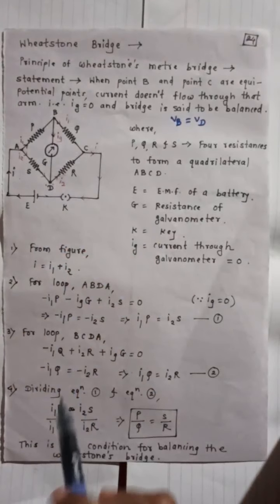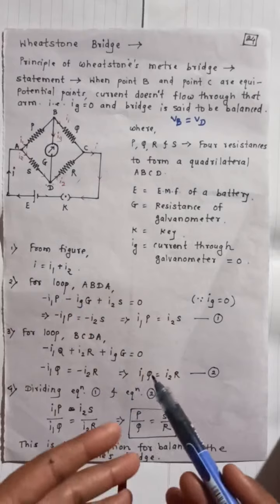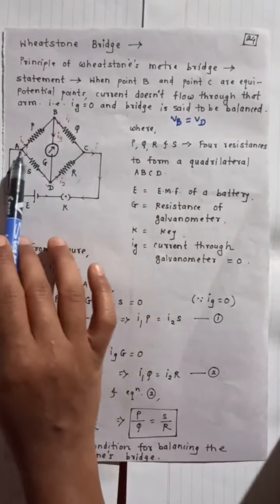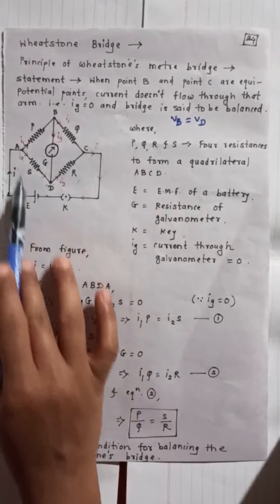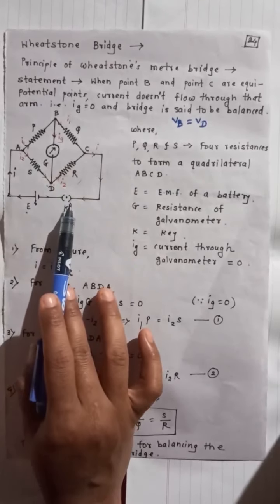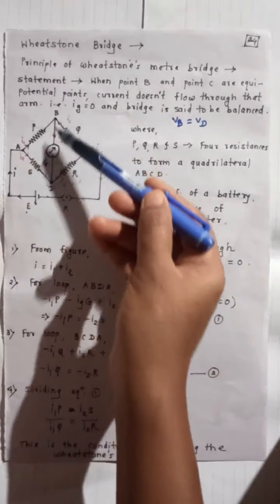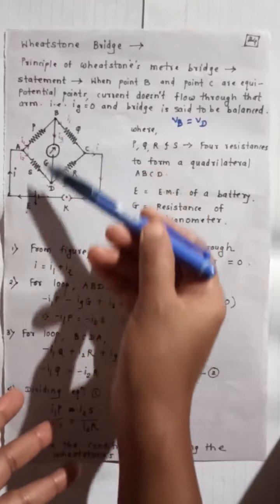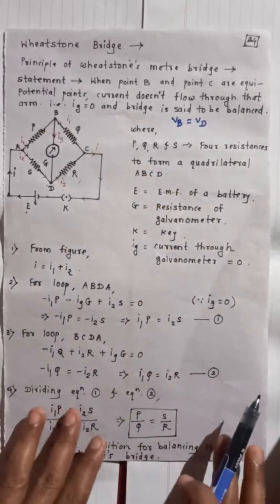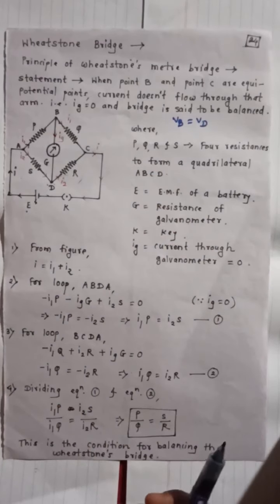These 4 resistances form the quadrilateral. The diametrically opposite points A and C are connected to the EMF source E along with the plug key, and between the other diametrically opposite points B and D, a galvanometer is connected. The use of the galvanometer is for deflection purposes.